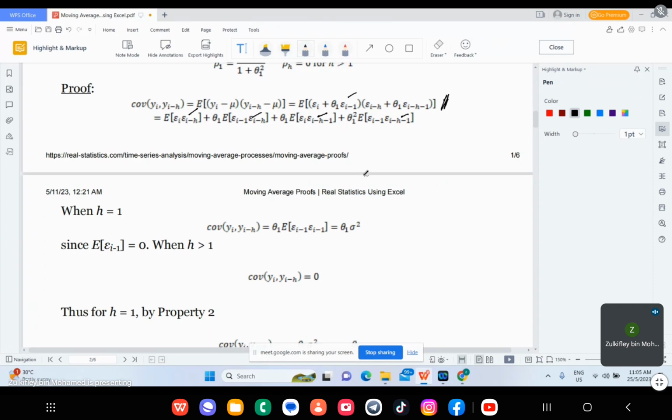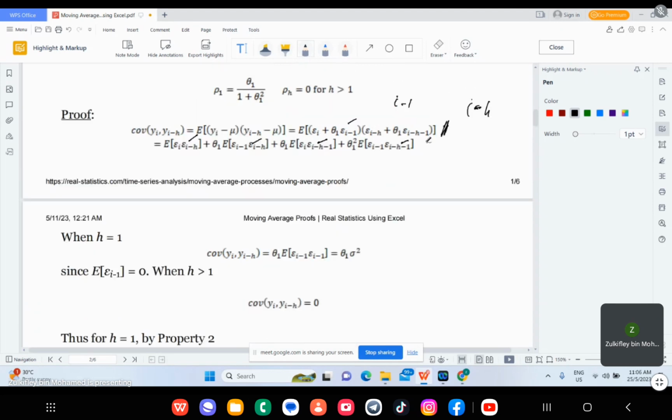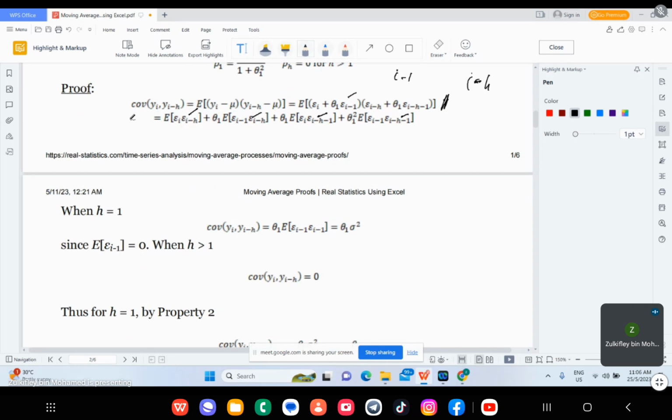So, when h is equal to 1, say we want to find MA(1). Just now we put the general i minus h. Now we put MA(1), which means i minus 1. So we will try to find the correlation between Yi and Yi minus 1. In the general formula we put i minus h, so when h is equal to 1, it means MA(1).